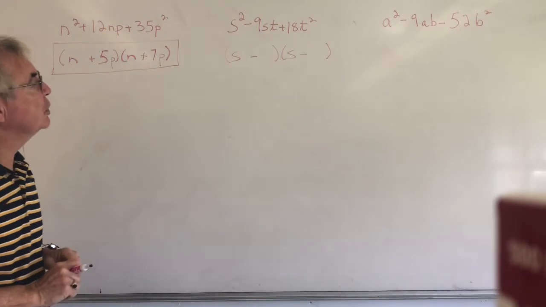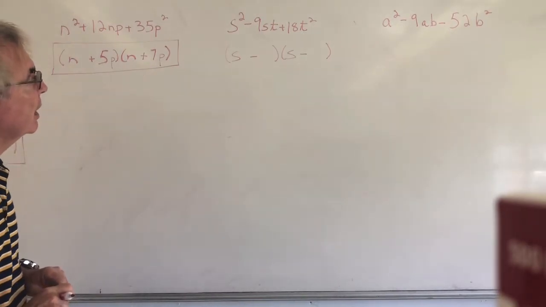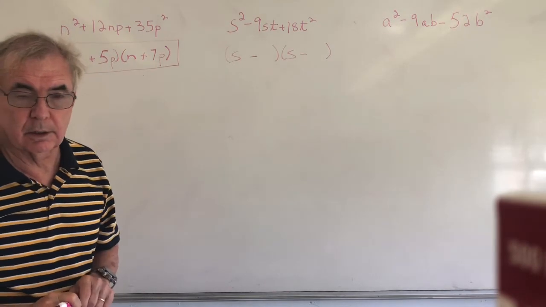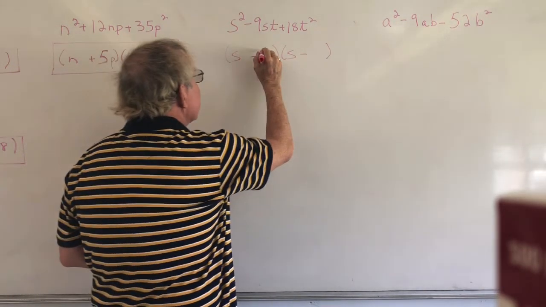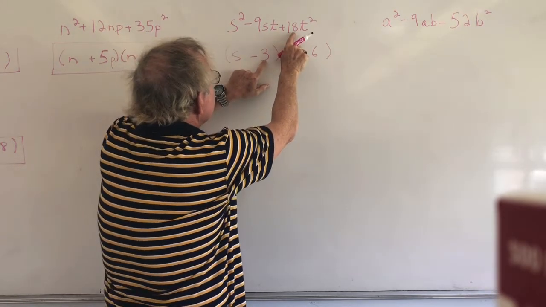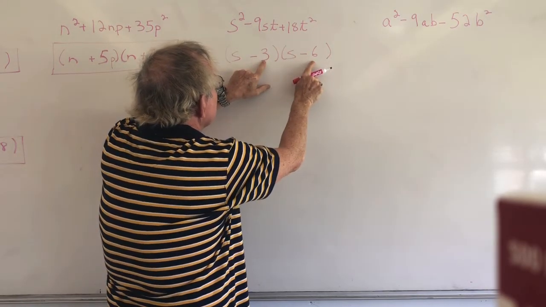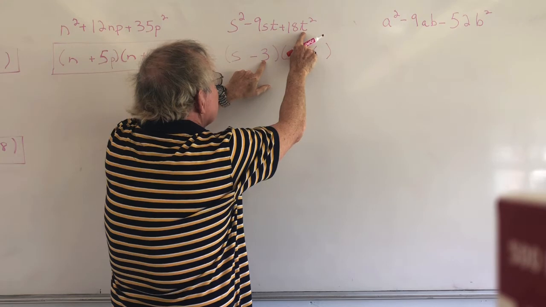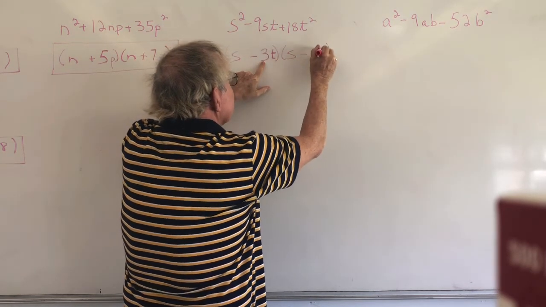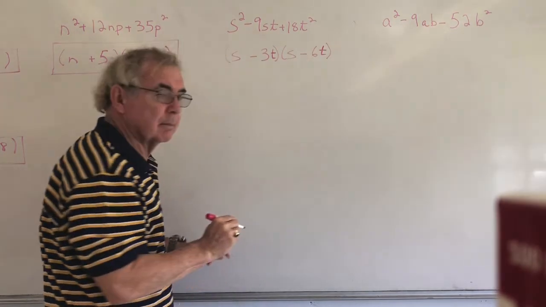There's 2 and 9. 2 and 9 would be 11. How about 3 and 6? If you put the 3 there and the 6 there, that'll give you your 18. But you need t squared. So we put a t there and a t there. Let's check.